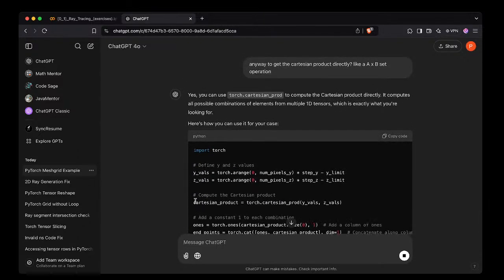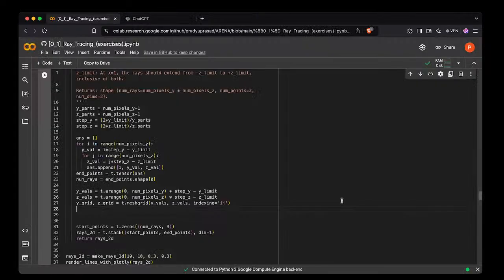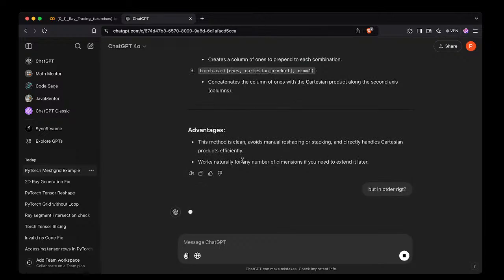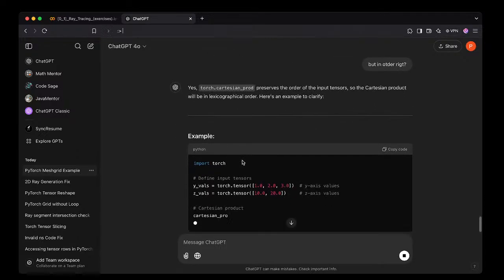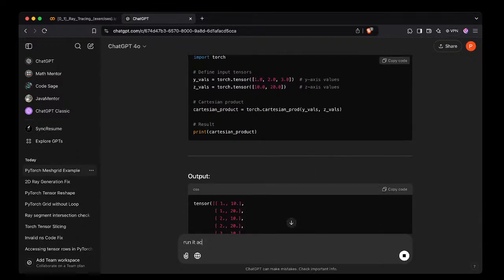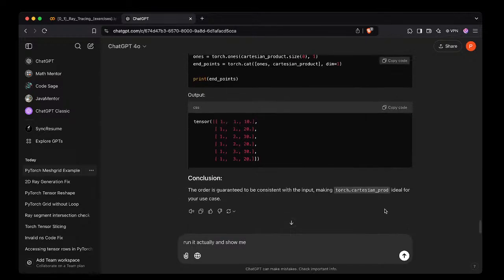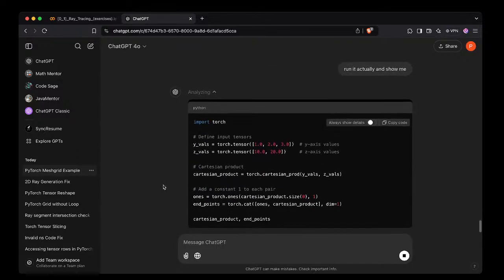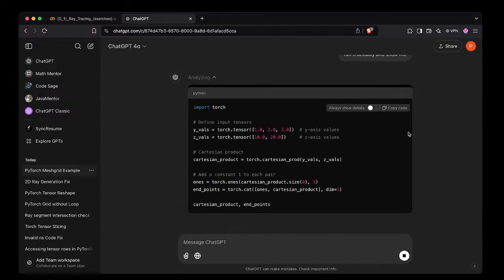Right, we want the Cartesian product, equals torch.cartesian_prod. So we will do something like, but in order, right? Let's see.